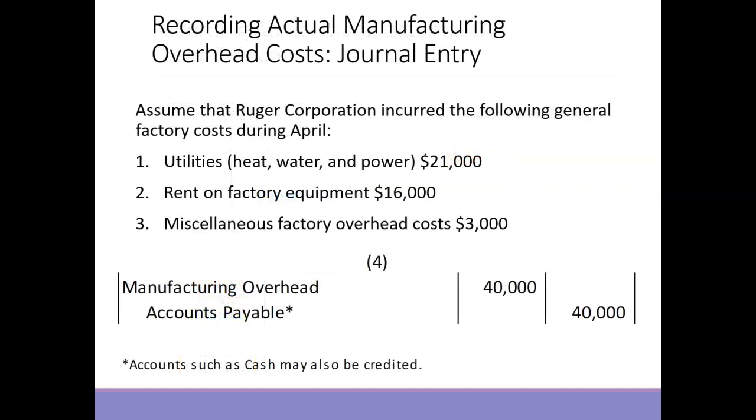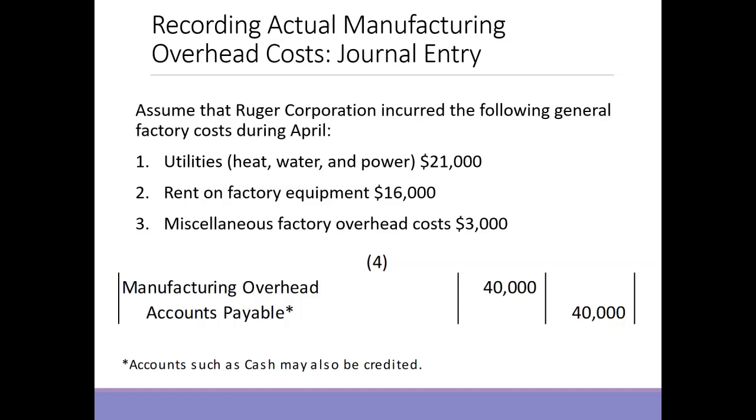Now, assume that Ruger Corporation incurred the following general factory costs during April: utilities, heat, water, power, rent on equipment, and miscellaneous factory overhead. The 21, the 16, and the 3 total $40,000.